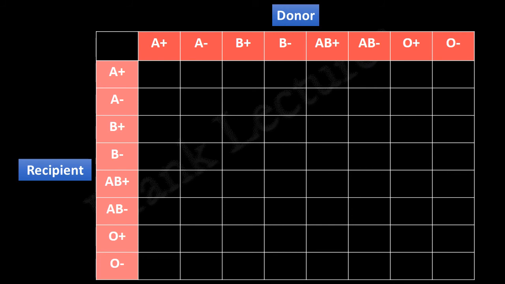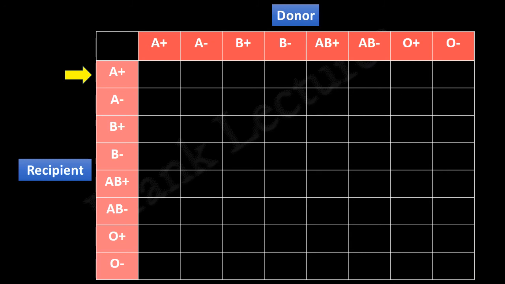First, let's see recipient of A-positive blood type. As we know, A blood type can receive blood from donor of blood type A and O. Since here blood type of recipient is A-positive, we know that Rh-positive can receive blood from both Rh-positive donor and Rh-negative donor.